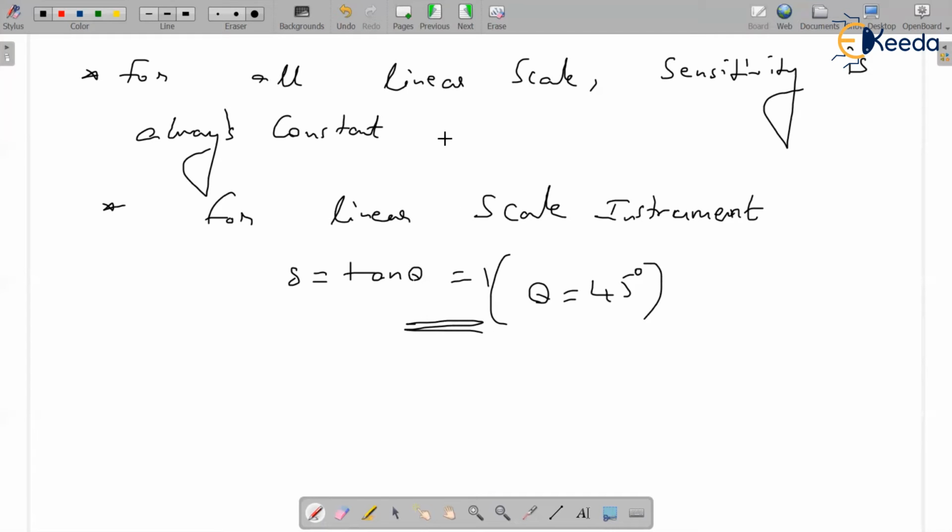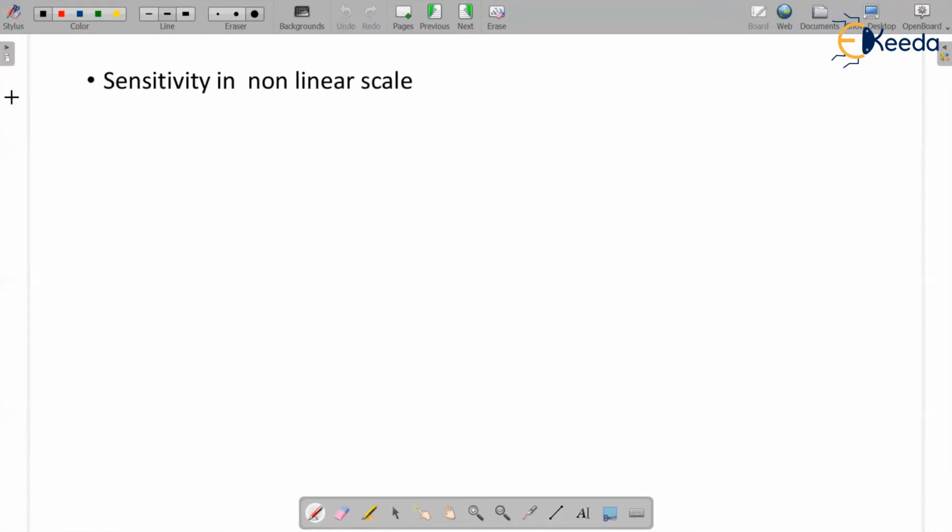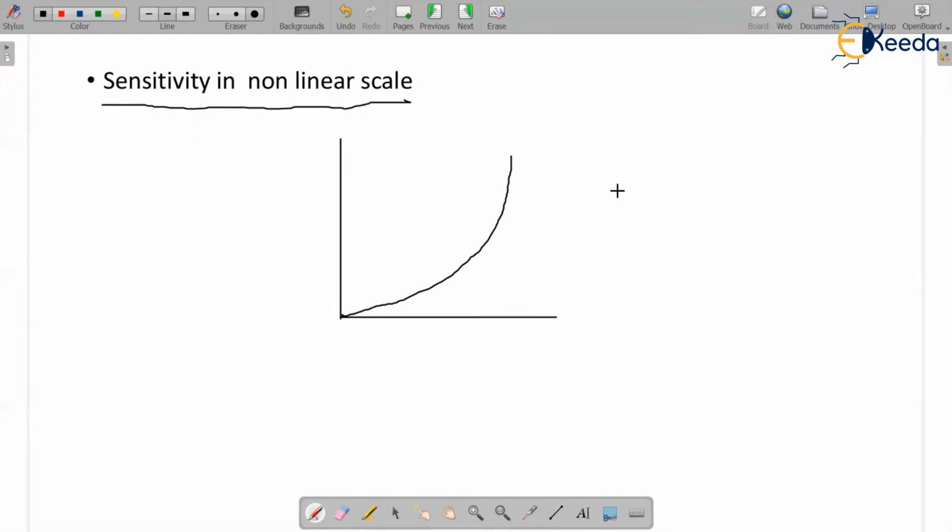Next, sensitivity in a nonlinear scale. Where this is the linear portion, S is equal to 1, elsewhere S is greater than 1, or S is less than 1.